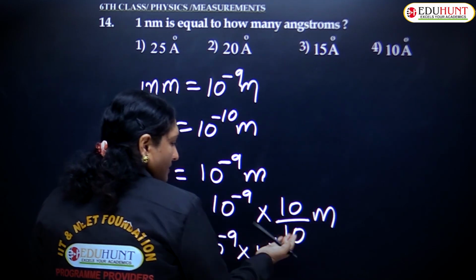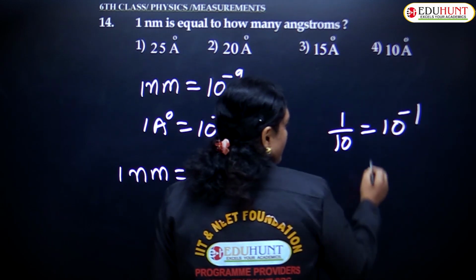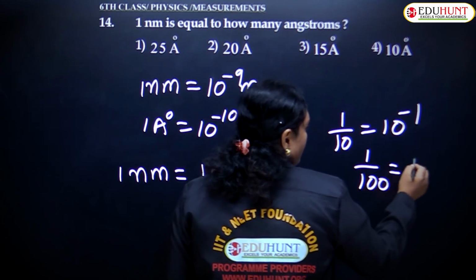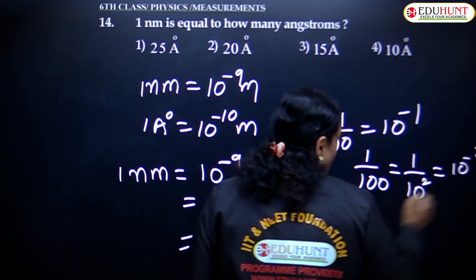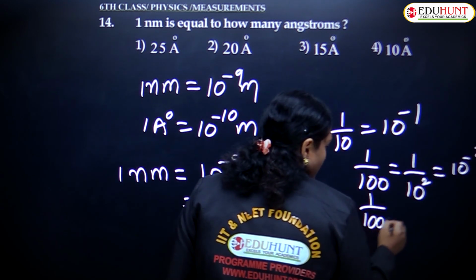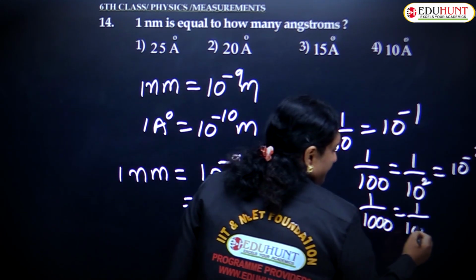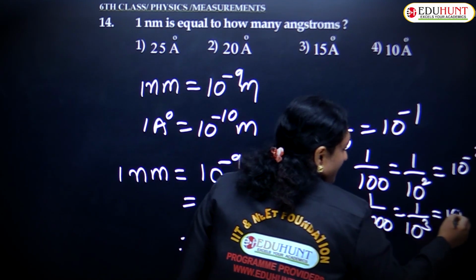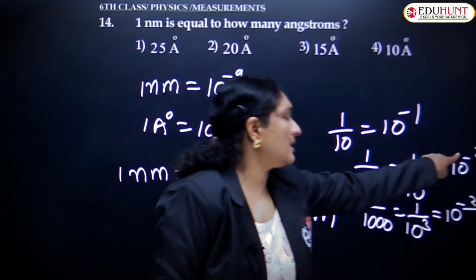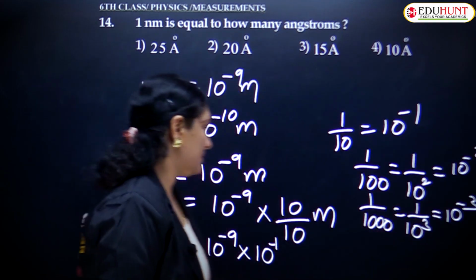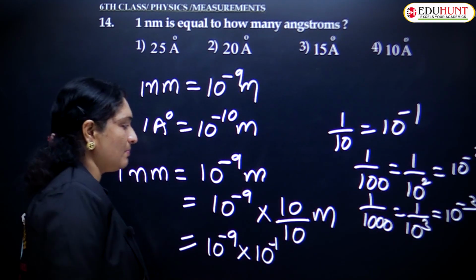Minus 1. 1 by 10 can be written as 10 power minus 1. 1 by 100 can be written as 1 by 10 square, equal to 10 power minus 2. 1 by 1000 is 10 power minus 3. So, 1 zero, 10 power minus 1. 2 zeros, 10 power minus 2. 3 zeros, 10 power minus 3. How many zeros in the denominator? 1 zero, so it is written as 10 power minus 1.